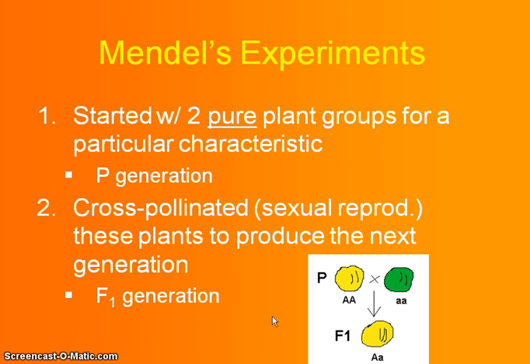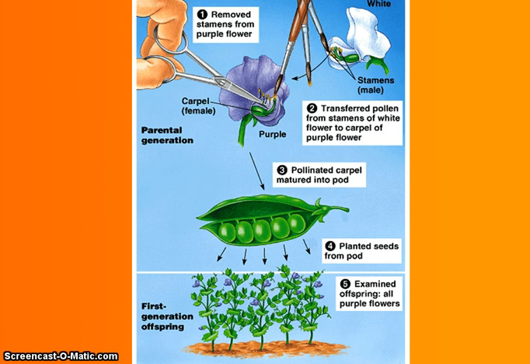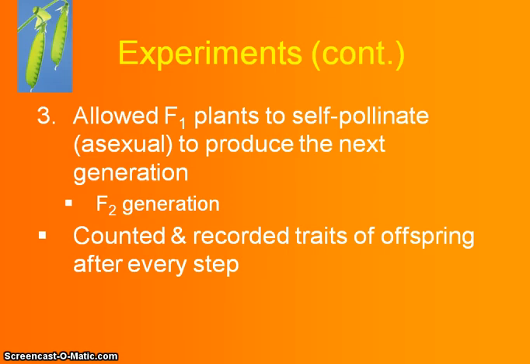And this generation is called the F1, or first filial generation. And then finally, in his last step, he allowed the F1 generation plants to self-pollinate, which is a form of asexual reproduction, which doesn't involve a partner, and allowed them to produce the next generation, which is the F2, or second filial generation. And he did these crosses hundreds and hundreds of times and counted and recorded the traits of the offspring after every single step.